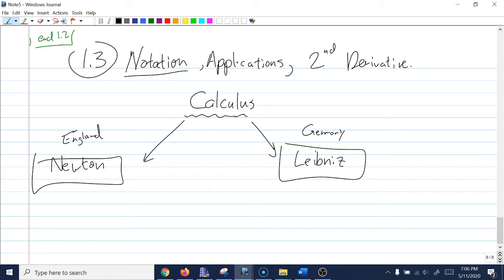Newton used the notation that we've been using so far. You would talk about y as a function of x. The derivative would be y prime is f prime of x. We haven't talked about y prime, but the prime means derivative of. We most like talking about this as a function and giving a name to the derivative also as a function.